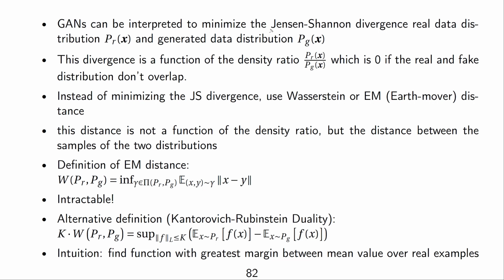GANs can be interpreted as minimizing the Jensen-Shannon divergence, and the idea is to bring a different type of metric into play here. Instead of minimizing the JS divergence, the authors propose to use the Wasserstein or earth mover distance.